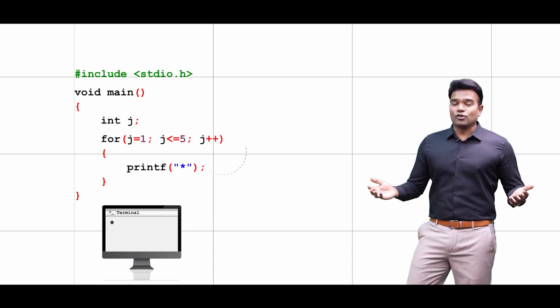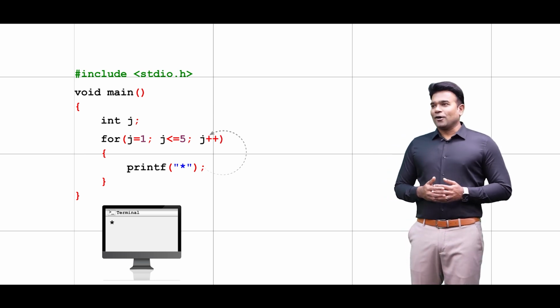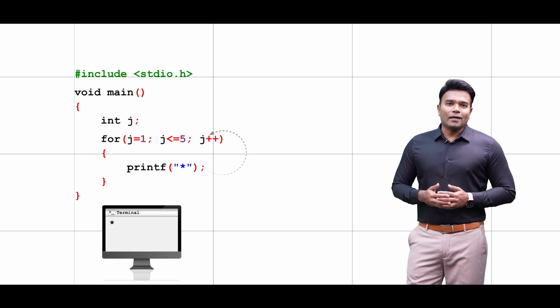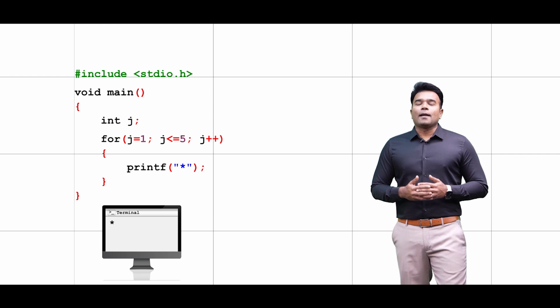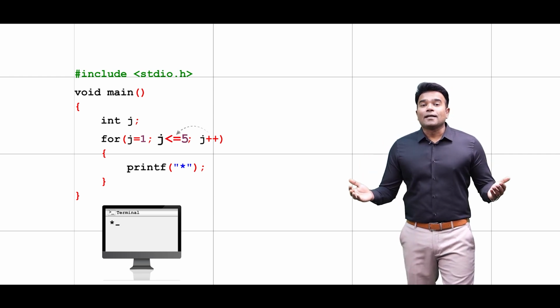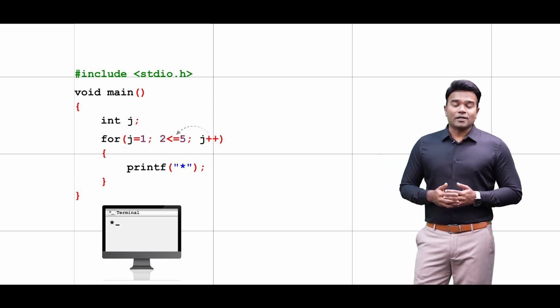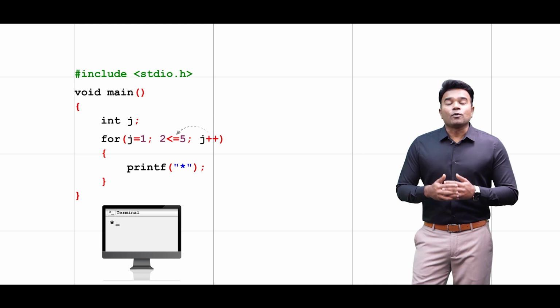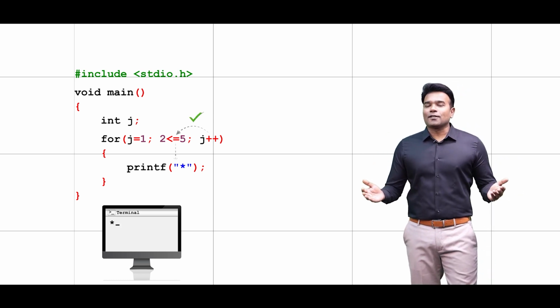Rather, it goes to the next section, that is the incrementation section, and there you are telling it to increment the value of j. It means that the value of j becomes 2, and then the control again comes to the condition checking. This time j less than or equal to 5 becomes 2 less than or equal to 5, and obviously 2 is less than 5, due to which the condition is satisfied and hence the control again enters the body of the loop.